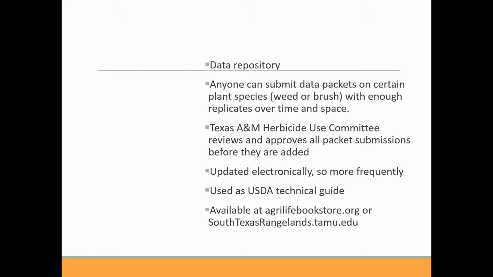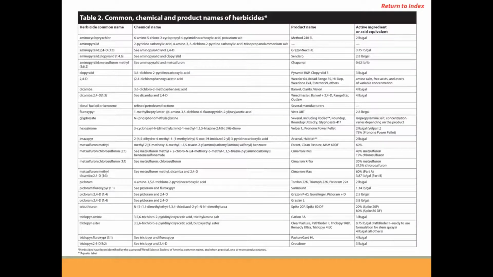It is updated more frequently because it's updated electronically, and as I mentioned, it's a USDA technical guide, and it is available at the AgriLife bookstore or South Texas Rangelands.edu. So Megan's going to cover some specific information that you can find within the ERM 1466 that you might find helpful.